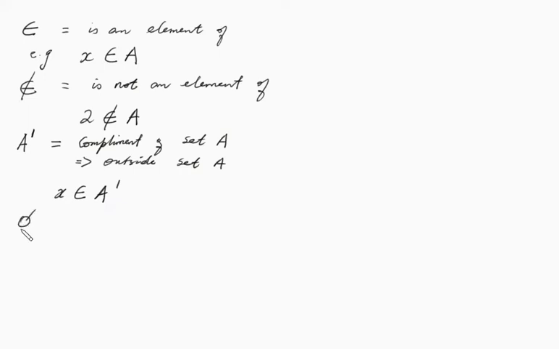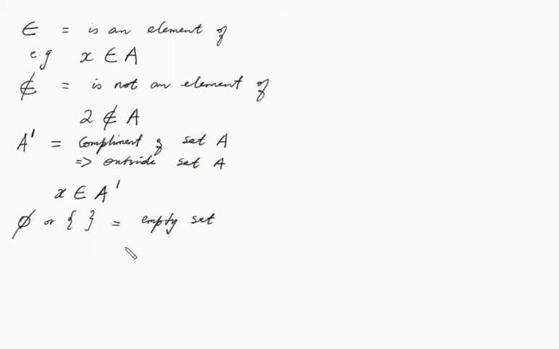Let's have this one also. There is this symbol. Sometimes we have this. These two, they mean one and the same thing. Okay? So what do they mean? They mean empty set, right? Empty set.